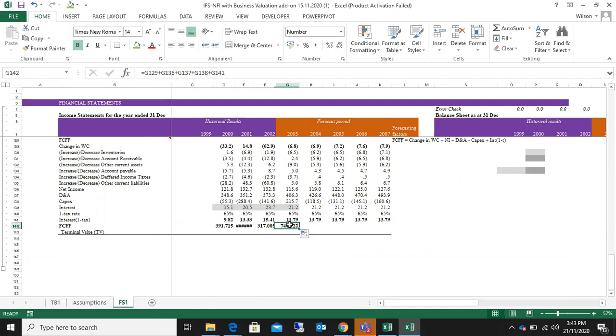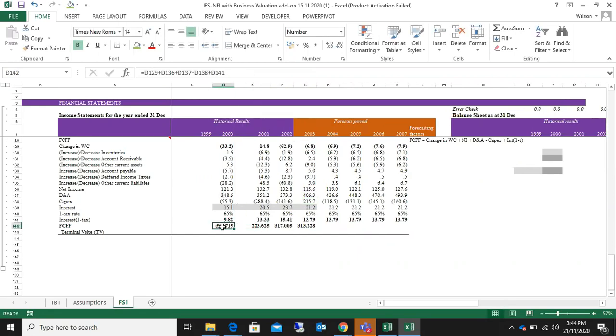The formula here, which is 215, has to be minus. All right, so this has to be minus. Then we click enter. Once we have that, that's fine. Then we can copy this and paste the formula here and drag. So this is what we have.